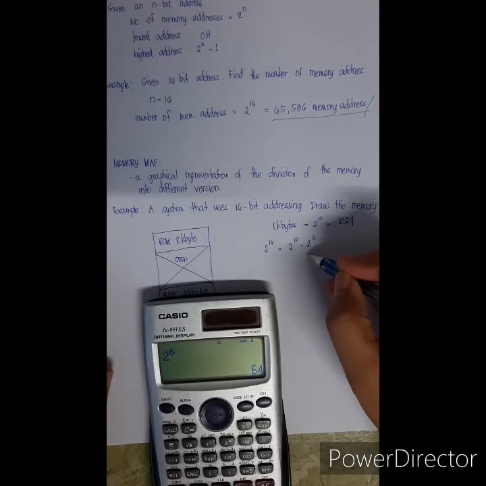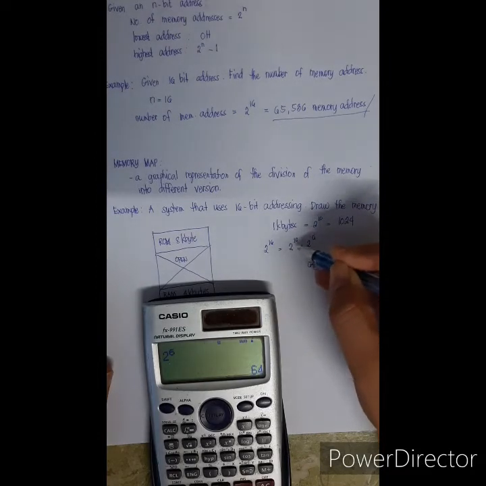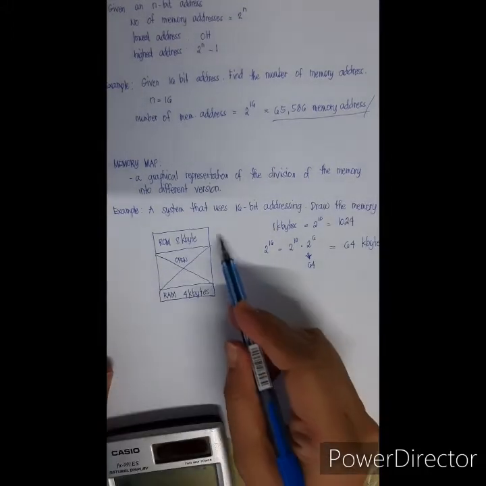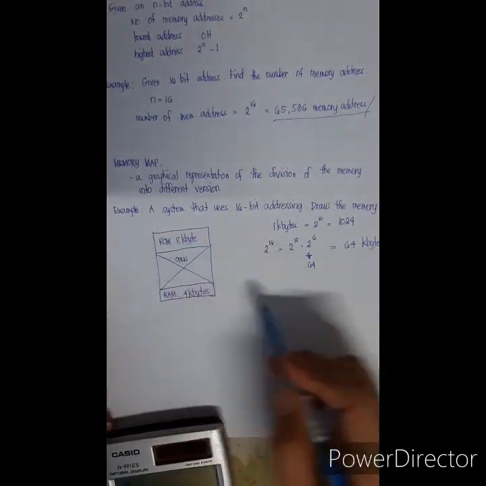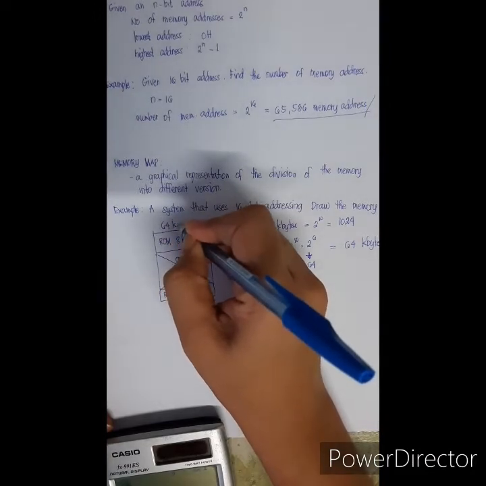So, this is equivalent to 64, while our K is the same as 1 kilobyte. So, therefore, this would become 64 kilobytes. So, our whole memory map becomes 64 kilobytes.